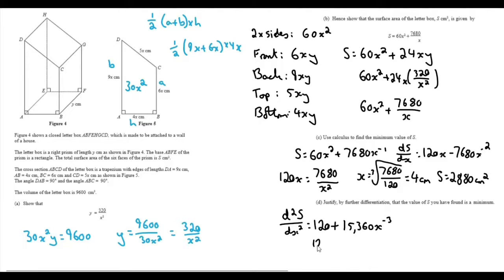Plugging in the x is 4. This gets you a value of 360. This is definitely greater than 0, therefore it is indeed a minimum.